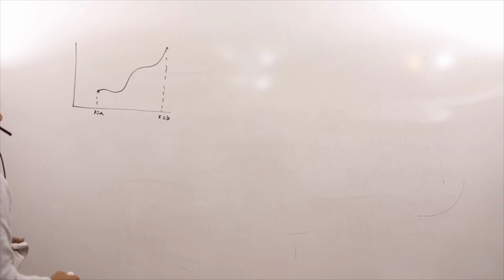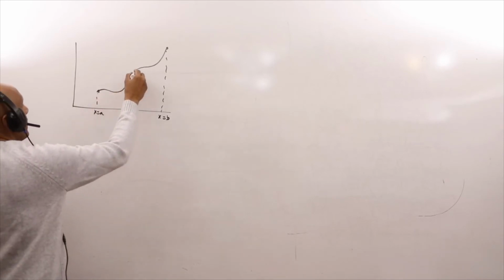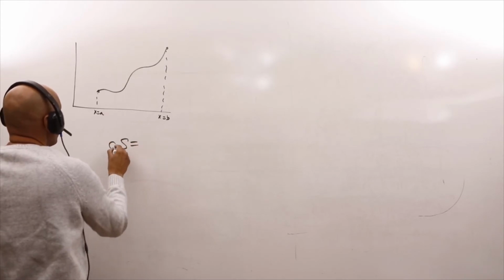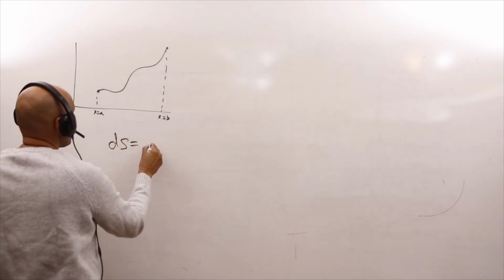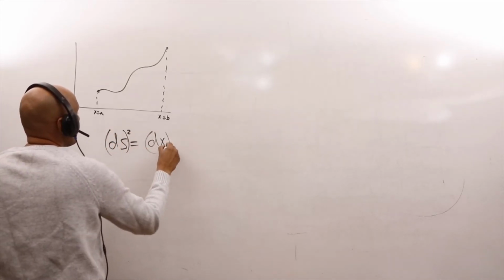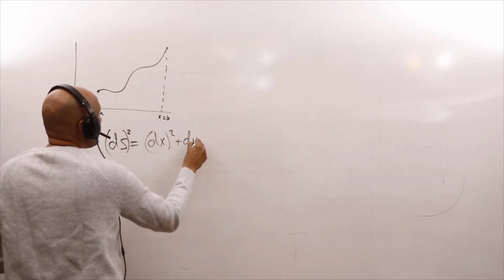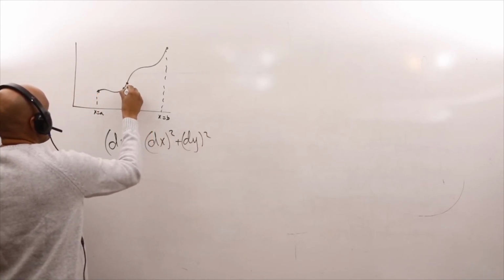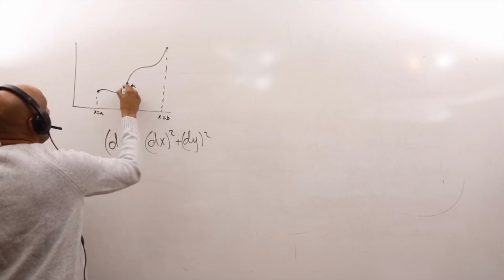And this curve has a length. I know that the differential of length, ds, is equal to the square root of dx squared plus dy squared along any differential element. So if this is dx, dy, we can calculate ds.